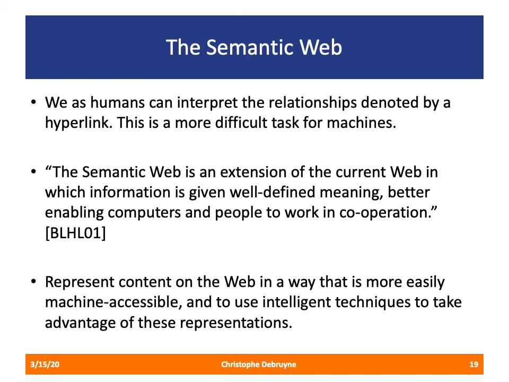That basically boils down to representing content on the web in a way that is more easily machine accessible and to use intelligent techniques to take advantage of these interpretations. Intelligent techniques can include classification, inferring implicit information from explicit information, discovering relationships between concepts, and so forth.